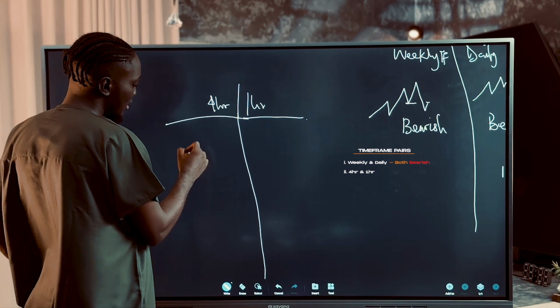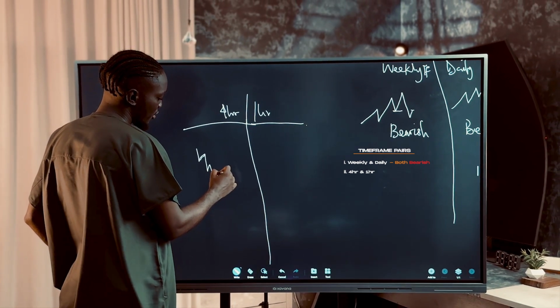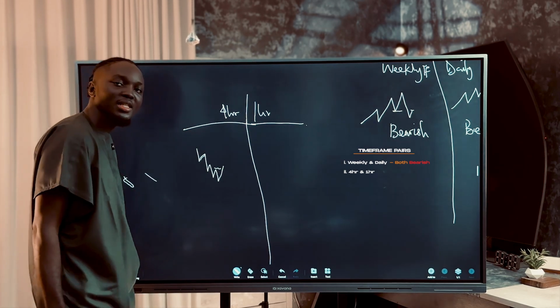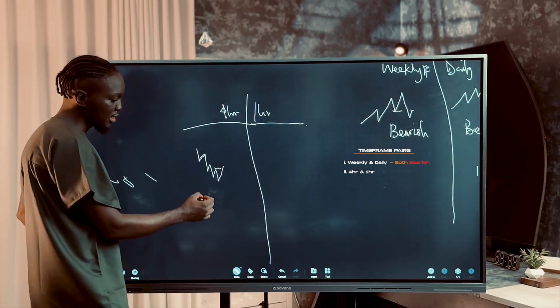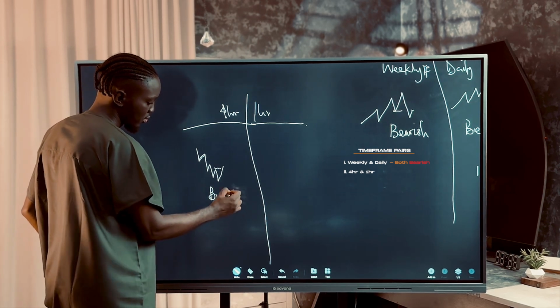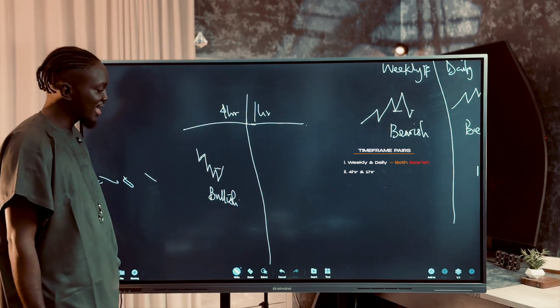Let's say we have something like this. A bearish structure and then a break. So which means that 4 hour time frame will be recorded as bullish.